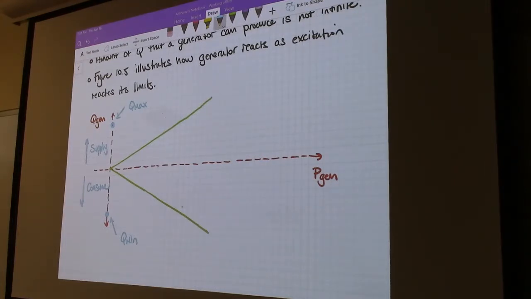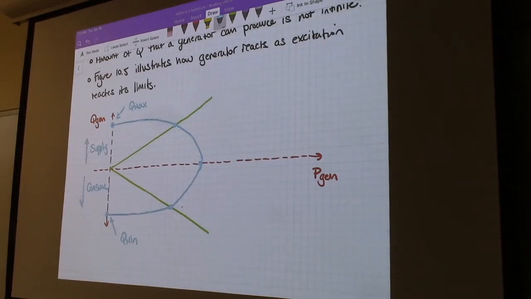And then now, to actually draw the PQ relationship itself. I think this will work. All right.